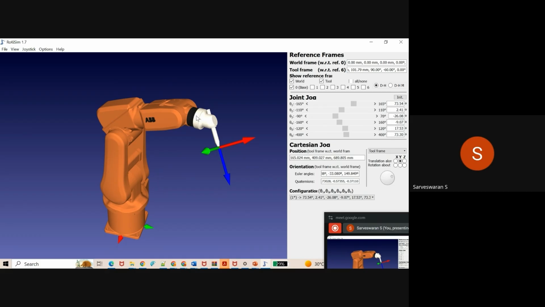Looking from joint 5, it is a uniformly varying load applied considering the self weight of the links and the motors.